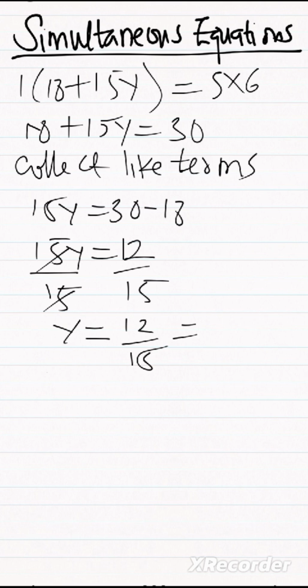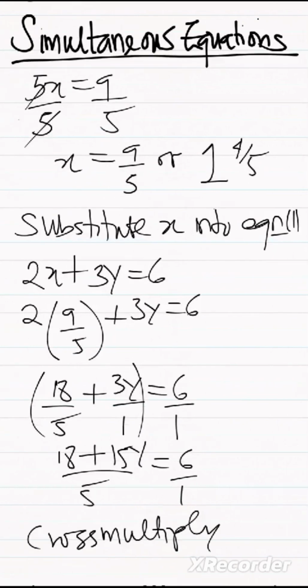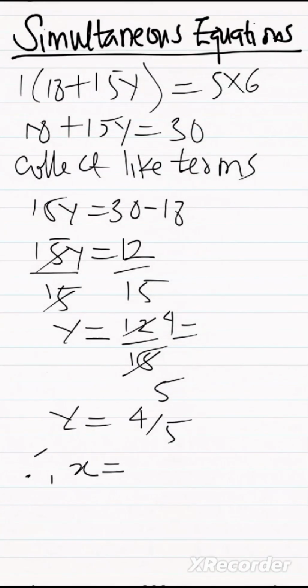We can still break this down because 3 can divide. When 3 goes into 15, we'll have 5. When 3 goes into 12, we'll have 4. So our y is equal to 4 over 5. Therefore, we can say that x equals 9 over 5 and y equals 4 over 5.